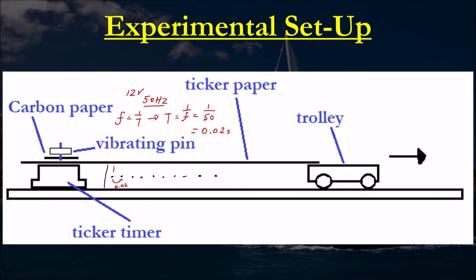So if I line it up to where I see the very first clear dot on my ticker tape, and I count 1, 2, 3, 4, 5 gaps in between, or you could say 6 dots, this entire length here is approximately 0.1 seconds in length.